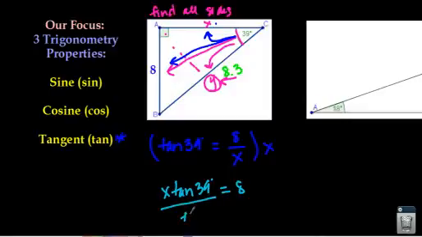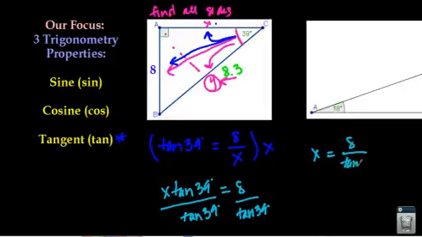I'm going to divide by tangent of 39 degrees on both sides. So x equals 8 divided by the tangent of 39 degrees. When I put this into my calculator, I get about 2.21. So I have 2.21 as my side length here.